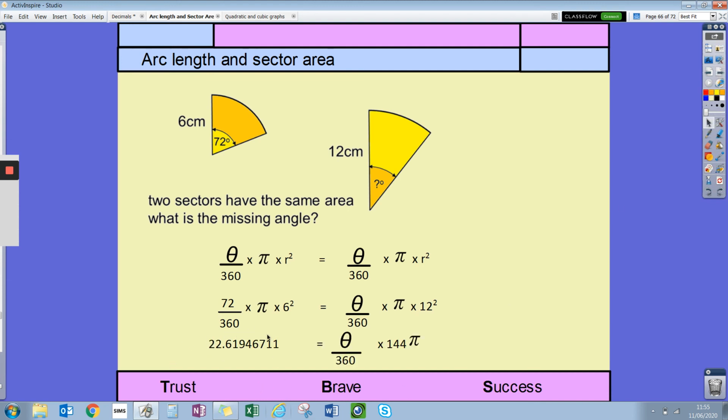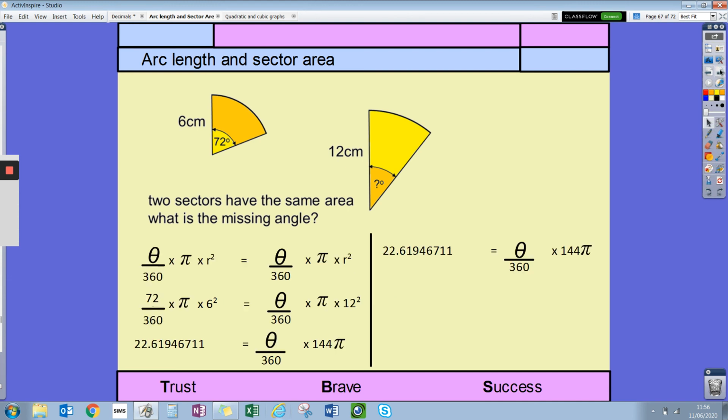I've worked out an answer, and I'm going to leave that in my calculator so that I don't make any rounding errors. I know that 12 squared is 144, so pi times 12 squared is 144 pi, just to help me out a little bit.